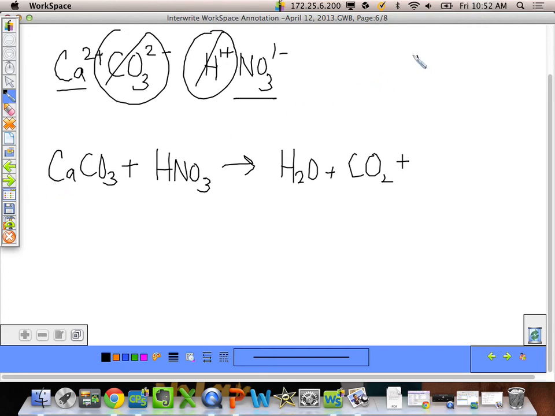So I look at my charges, Ca 2 plus, NO3 1 negative. When I crisscross those, I have Ca(NO3)2. Then all I have to do is balance it. Go ahead and balance it out on your sheet.